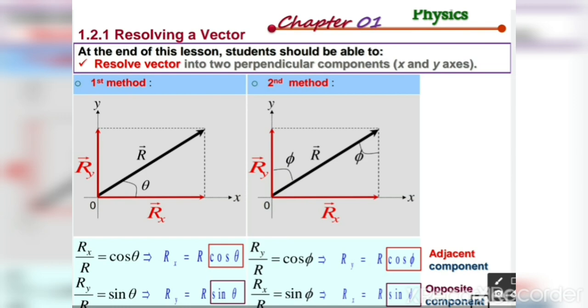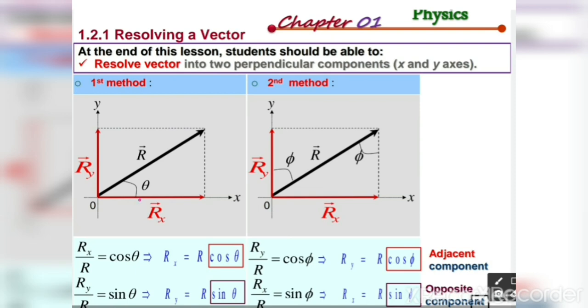So, for the first method, we have a vector R with an angle theta from the x axis. You should know that this is your Rx, the vector R on the x component, and this is your vector R on the y component.